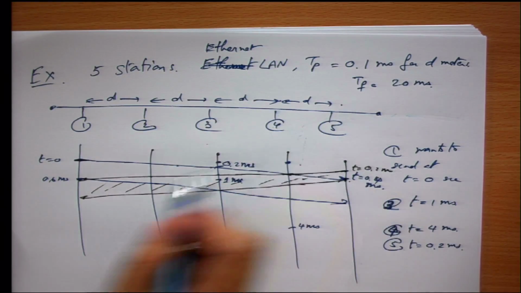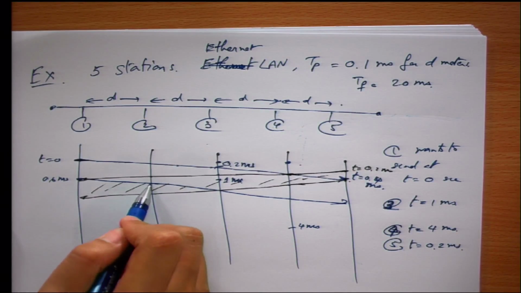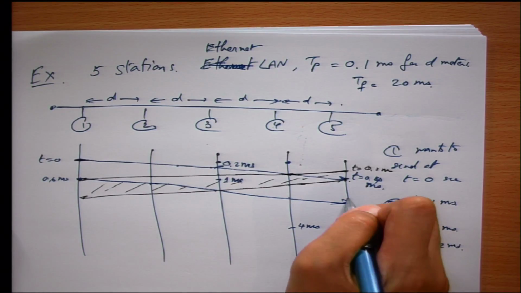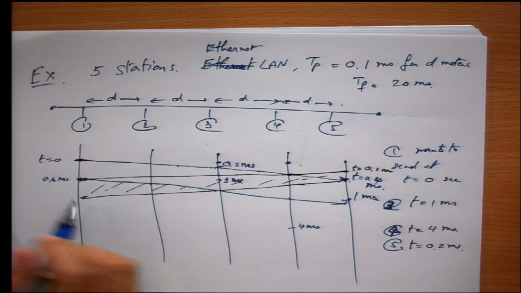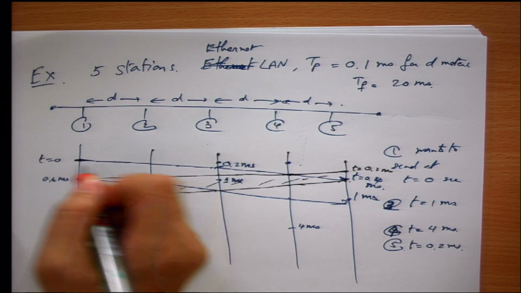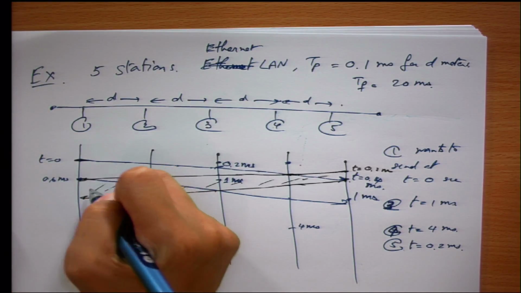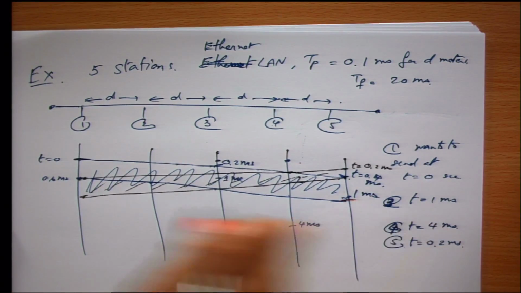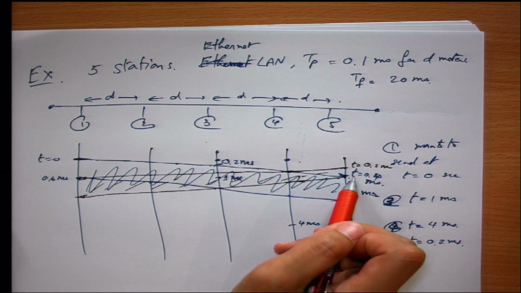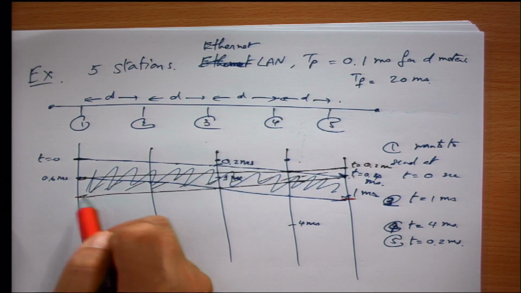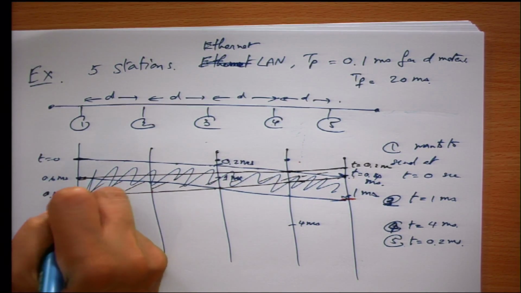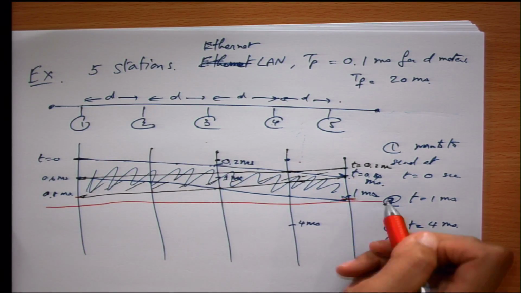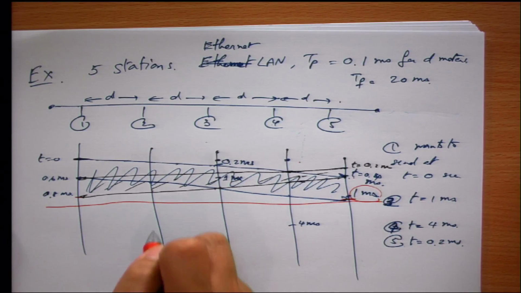This one stopped sending at 0.6 millisecond, so 0.7, 0.8, 0.9, this is 1 millisecond. So there is a collision here. But after t equal to 1 millisecond, the channel is free again.